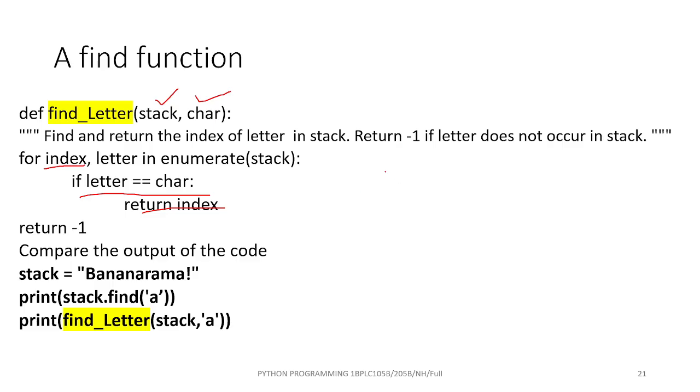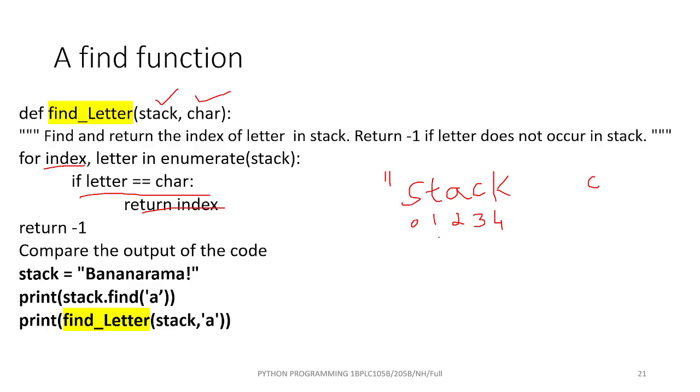For example, this is my input, stack. This is the index value. I'm going to look for C. 0 is mapped to S, 1 is mapped to T, like that.